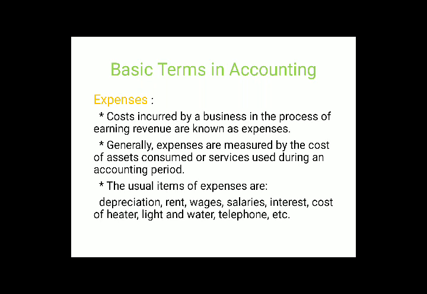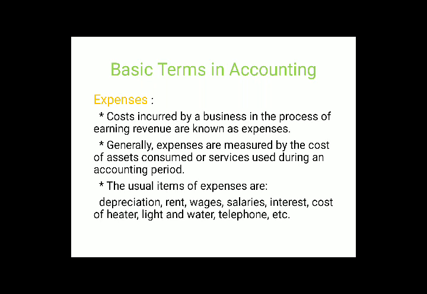Generally, expenses are measured by cost of assets consumed or services used during an accounting period. So cost is nothing but the cost of assets consumed, whatever assets you have, or services that you have acquired from someone else. You can buy assets from outside also, there's no problem. Whatever cost you have incurred will be called expenses.